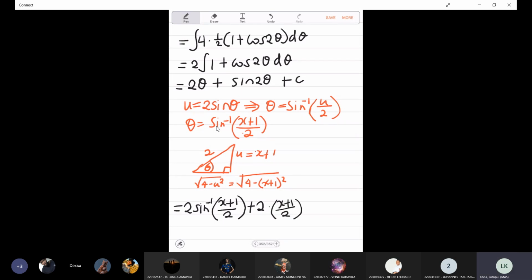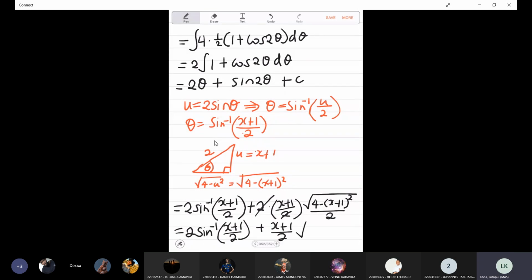And then cos theta is the adjacent divided by the hypotenuse. So we have the square root of 4 minus x plus 1 squared divided by the hypotenuse, which is 2. And then any terms that can cancel, you go ahead and cancel. So that 2 and that 1 will cancel. And then writing it nicely, we have 2 sine inverse of x plus 1 over 2 plus x plus 1 over 2.